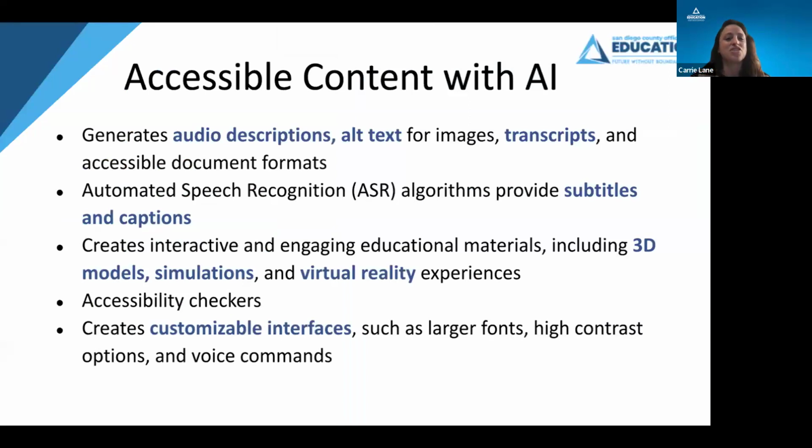All right, and so the last one that I put in here for ways to use AI for accessibility, and there are actually quite a few more, but I really did try to limit it to some of the ones I thought would be most relevant for educators, is creating accessible content. So when you are creating content, you can use AI to help you make sure it's accessible.